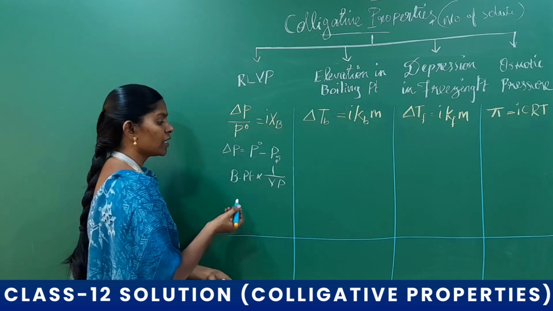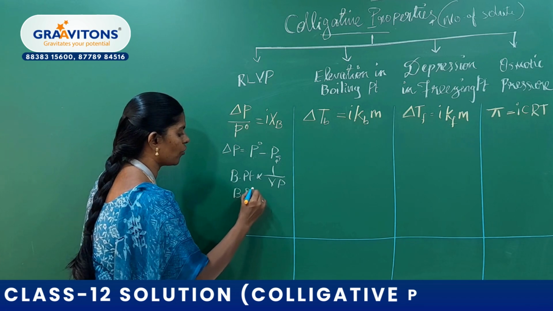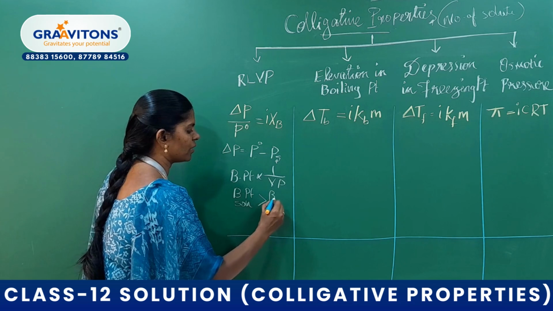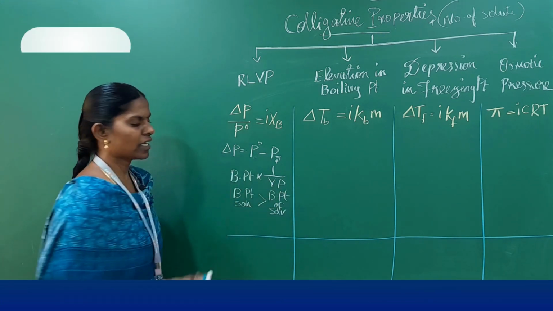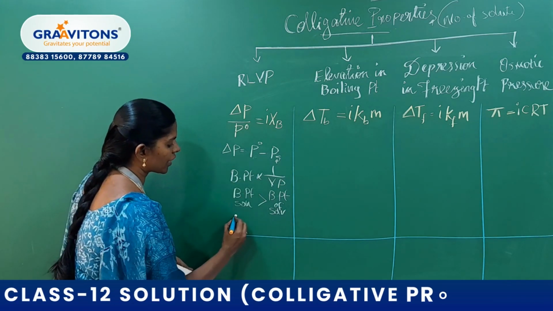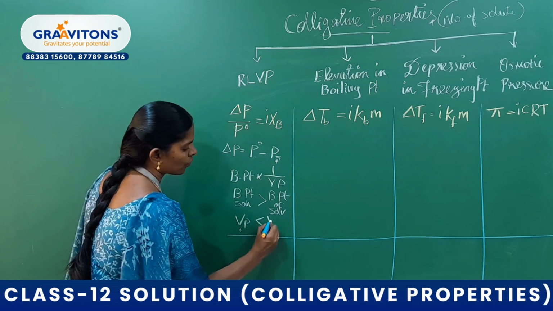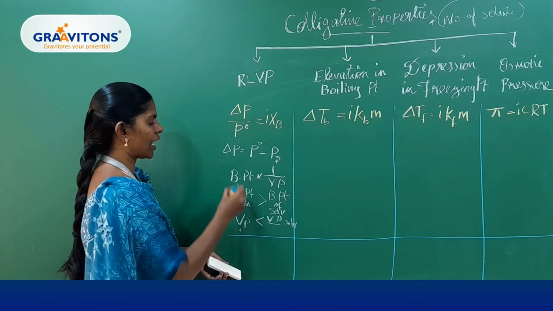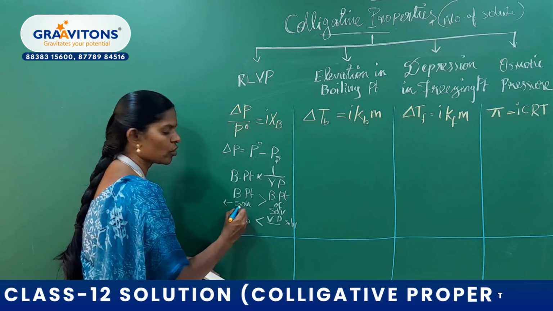In terms of vapor pressure, the boiling point of solution is always greater than the boiling point of solvent. Since they are inversely proportional, the vapor pressure of solution is less than the vapor pressure of pure solvent.